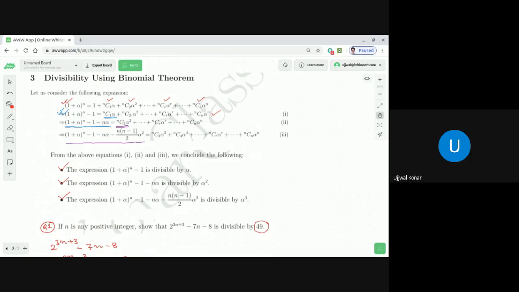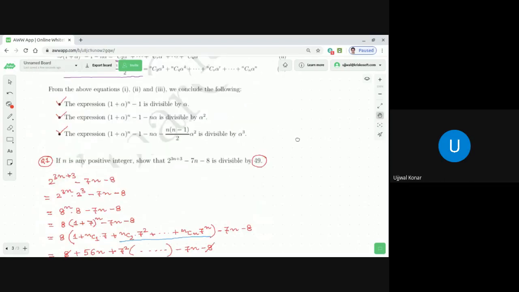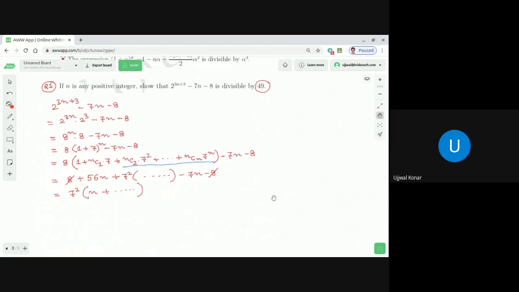That should be the thought process: here 49 is a power of 7, so alpha has to be 7. That should be the clear-cut indication, and once you get it, you can start solving the problem very easily. Next problem, we are going to solve it. Any doubt here? Okay.